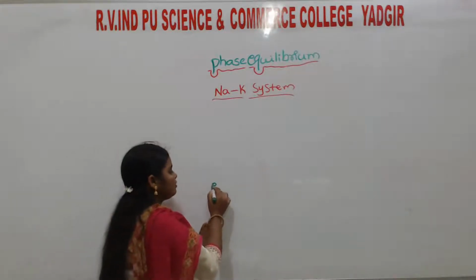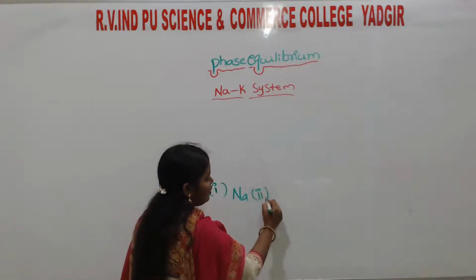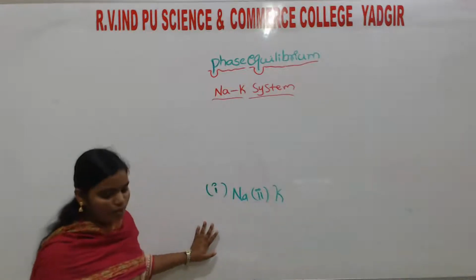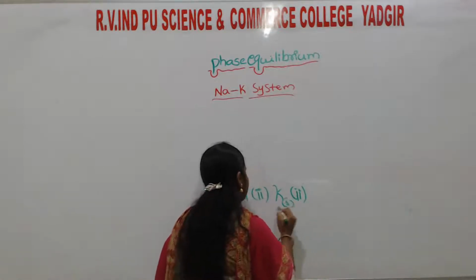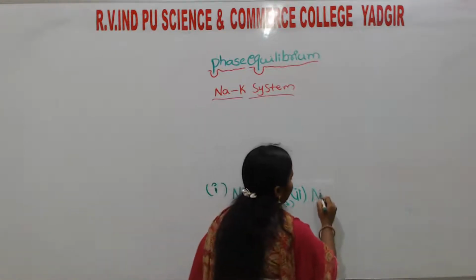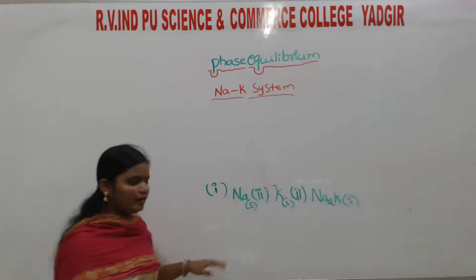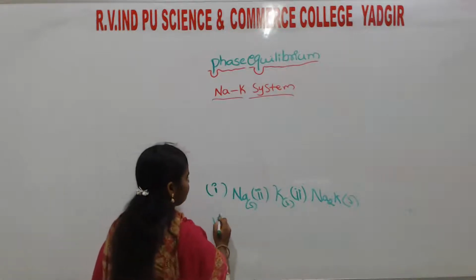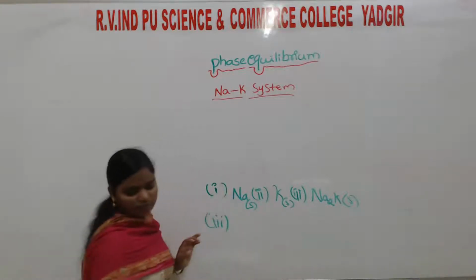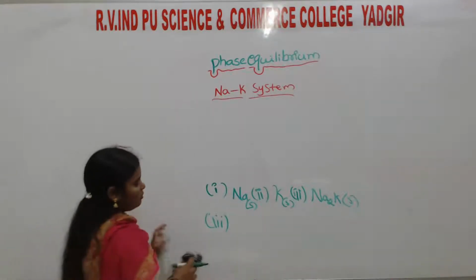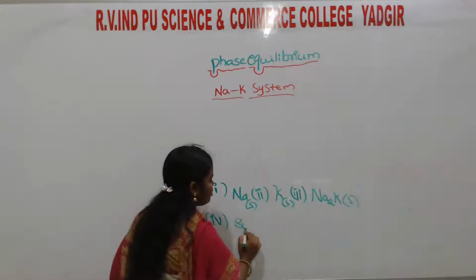One is solid sodium. Second is solid potassium. Third is the new solid Na2K. And the fourth phase is a solution.